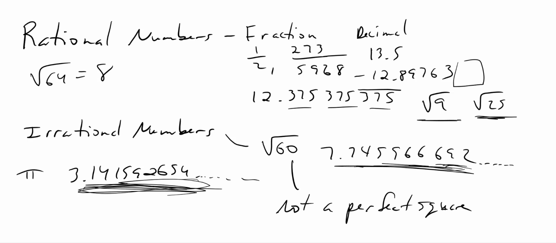Okay, even negatives don't matter. If it's the negative square root of 36, that's just -6, no big deal.